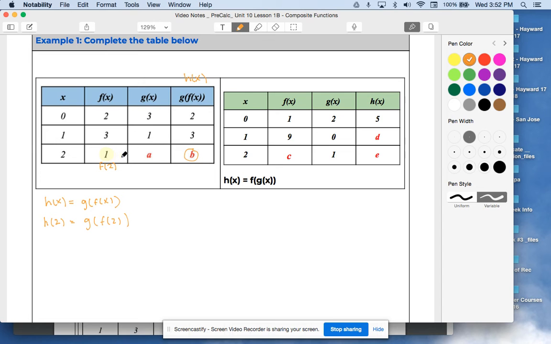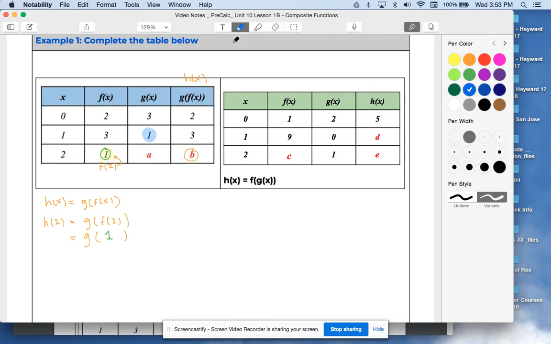so here we say f of 2 is equal to 1. All right, let me give this a green color. So that becomes now my g of, no longer f of 2, that is f of 1, right? And now we figure out, well, what is g of 1? g of 1 is located here.